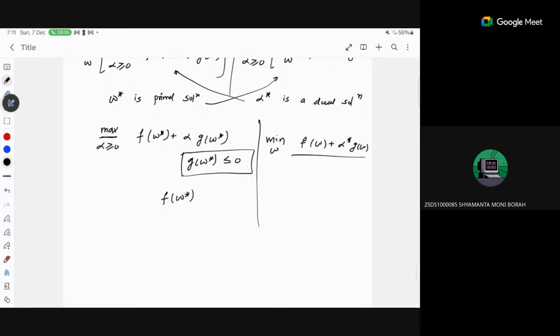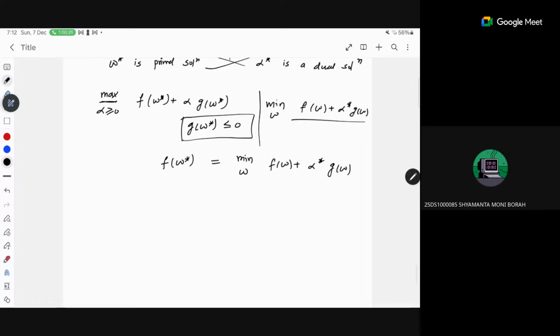Okay, one more thing before going there. f of W star should be equal to what? Can it be equal to this? Because at least we should know that the primal solution should be equal to the dual solution, right? In that case, f of W star should be equal to min over W of f of W plus alpha star G of W. This equality has to hold, correct?